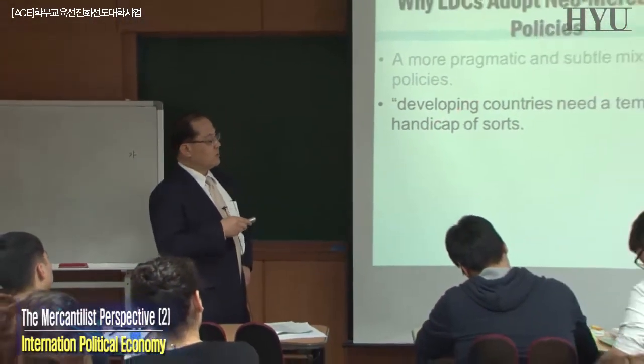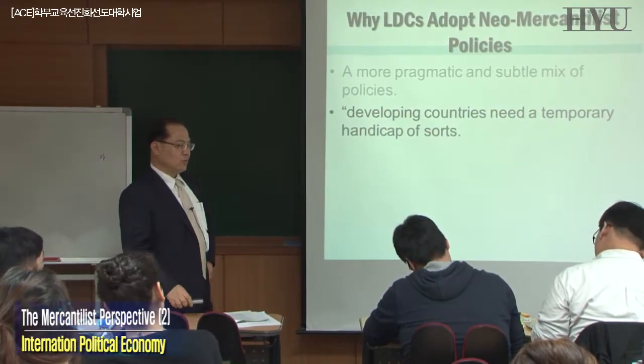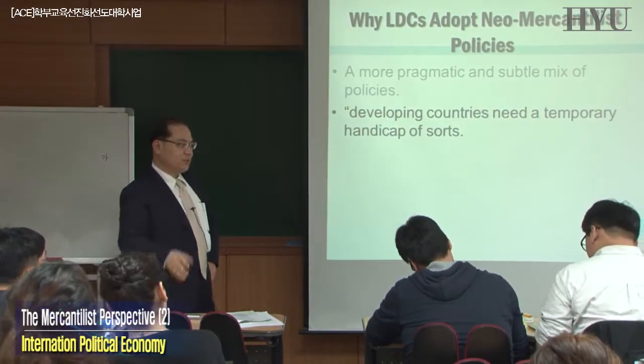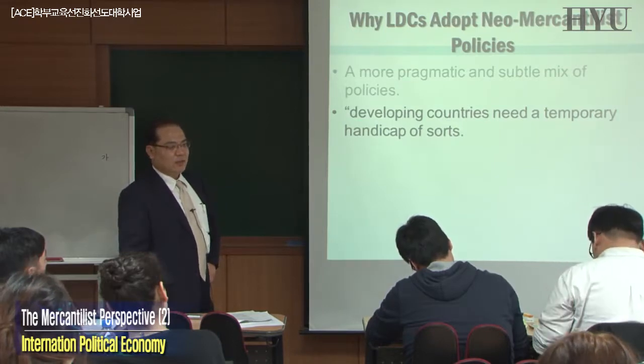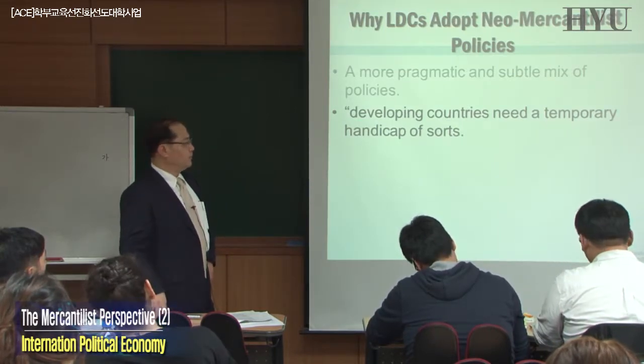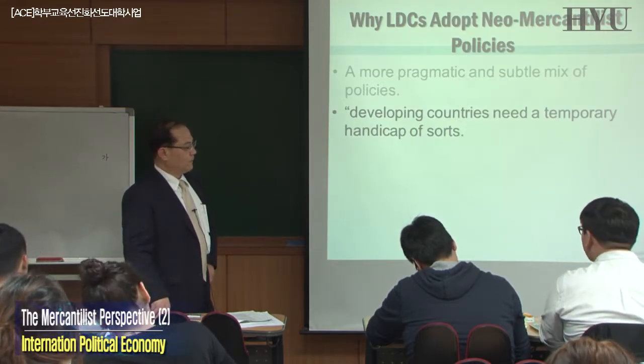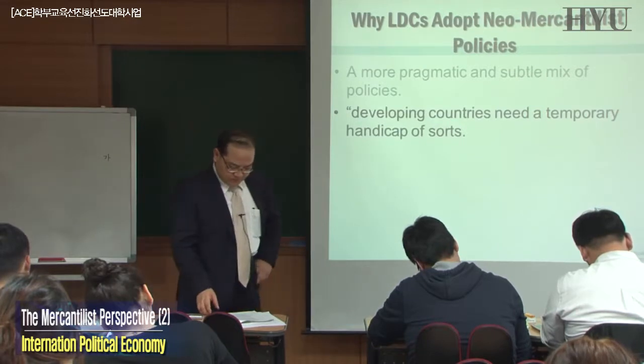This is what Chang Ha-jun said. It is the same argument we learned from Friedrich List and Alexander Hamilton. Developing countries need a temporary handicap, using different terms.